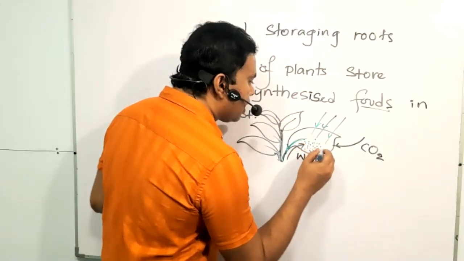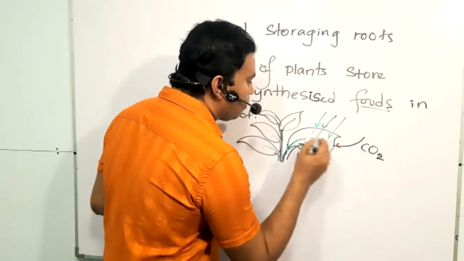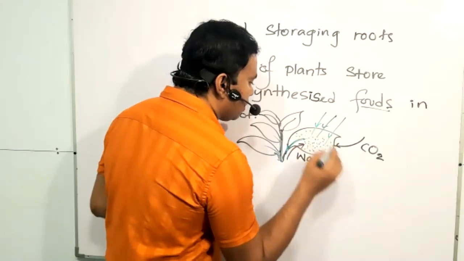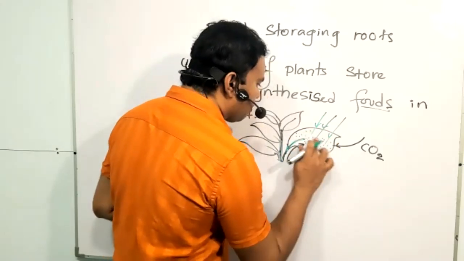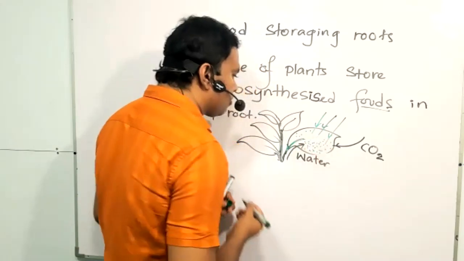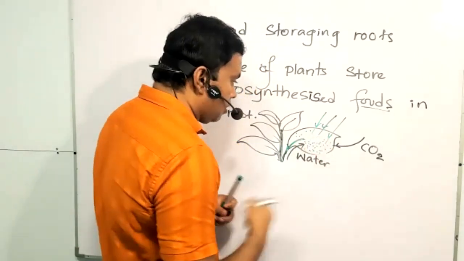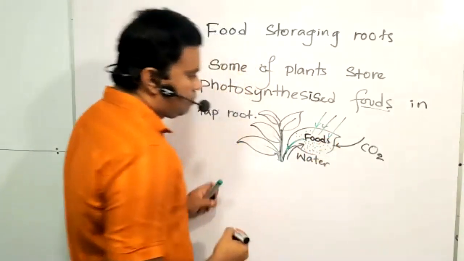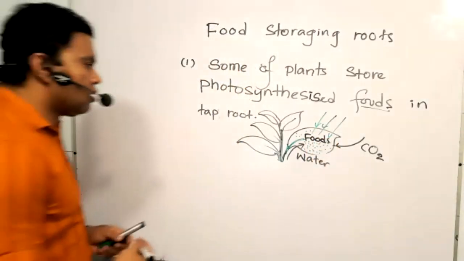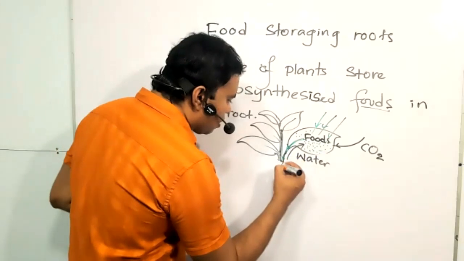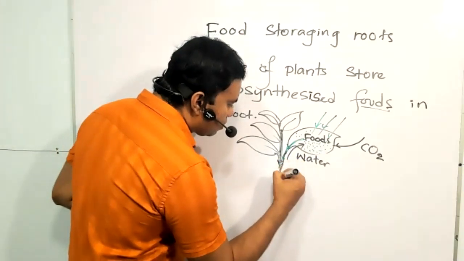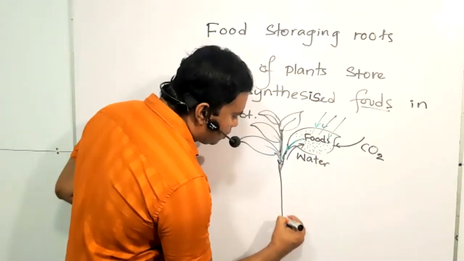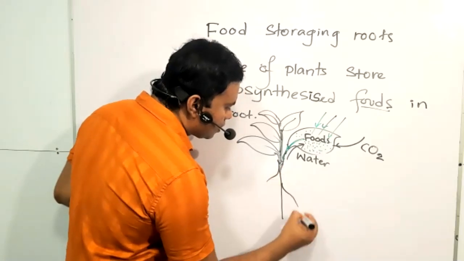If you forget that, you can see the grade 6 video on the YouTube channel. So that's chlorophyll pigments, and foods are produced. These foods are stored in the taproot. Now you know this is the taproot.